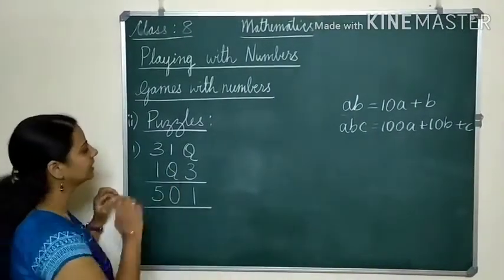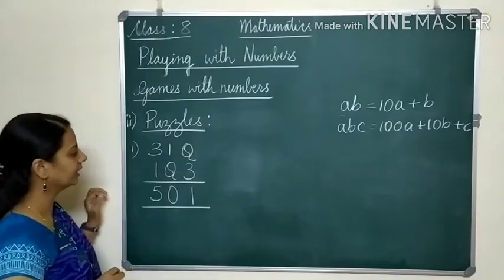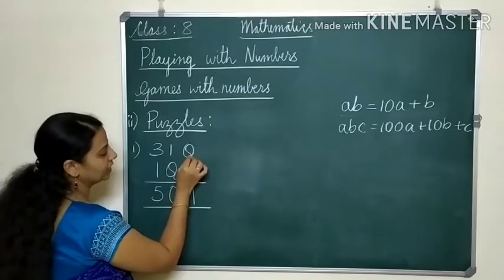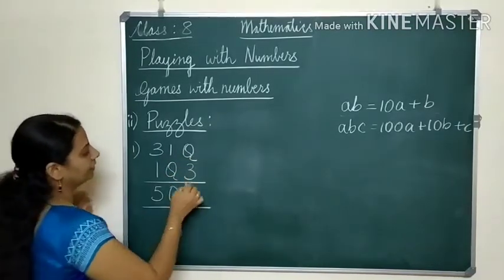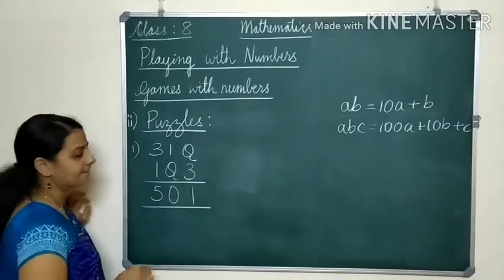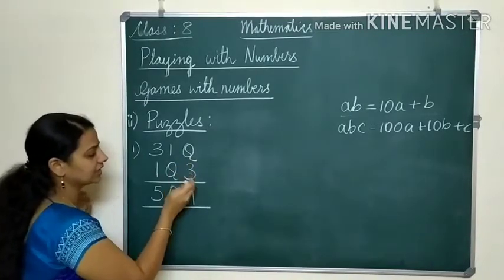Now let's solve this puzzle. We have to find the value of Q here. Q is in units place, and here it is in tens place. Now if you add these two, Q plus 3, you should get 1 as the answer. But 3 is greater than 1, so whichever number you add, it cannot be 1.